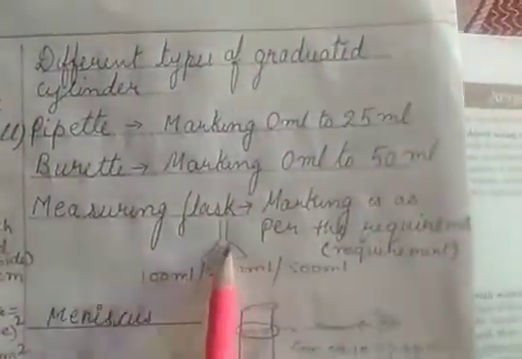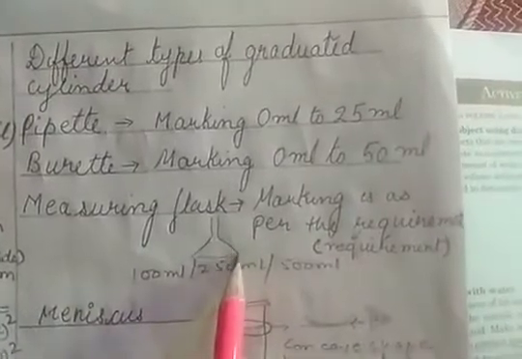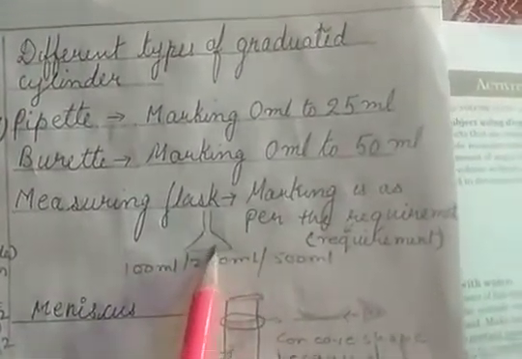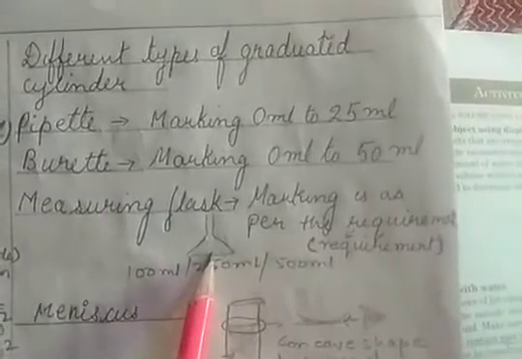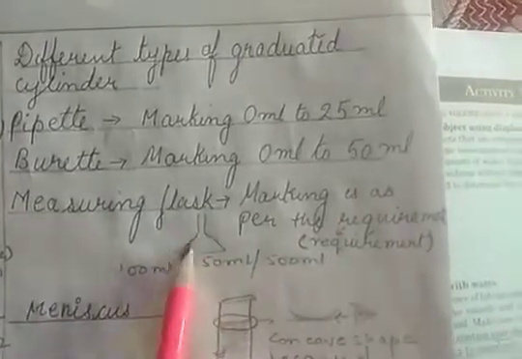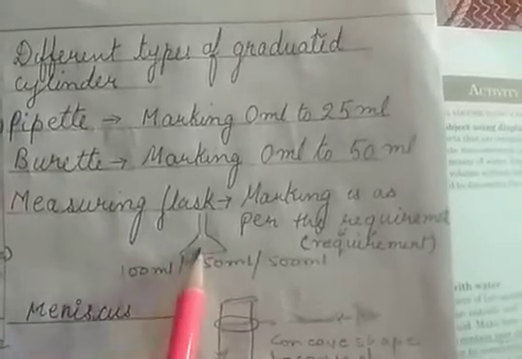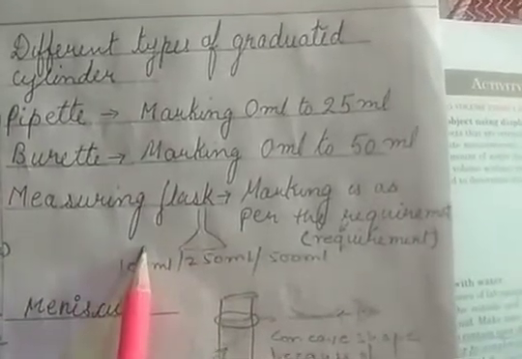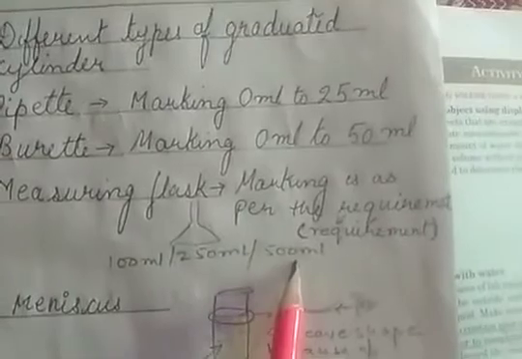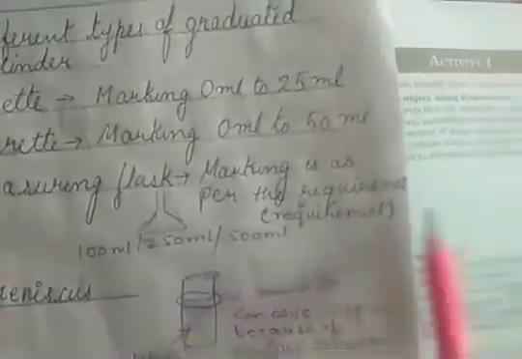Measuring flasks look like this, and each flask has a known fixed quantity of volume that it can store. This is 250 ml. A little smaller one will contain 100 ml, a bigger one will contain 500 ml, and so on, as per the requirement.